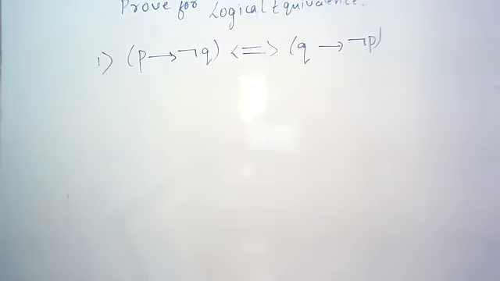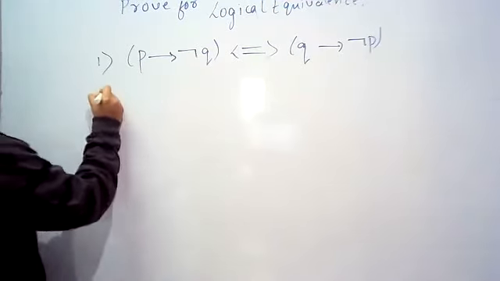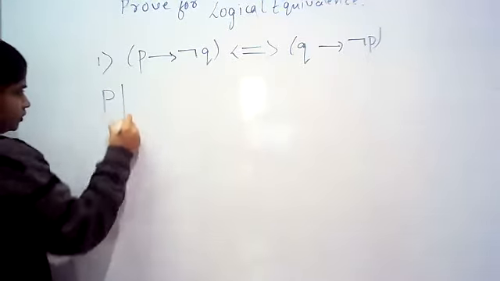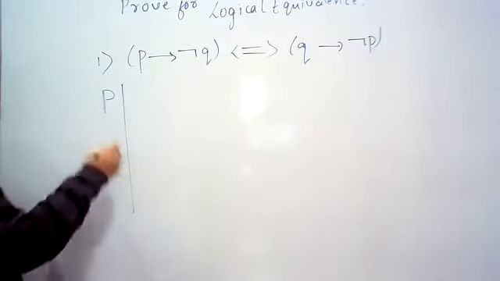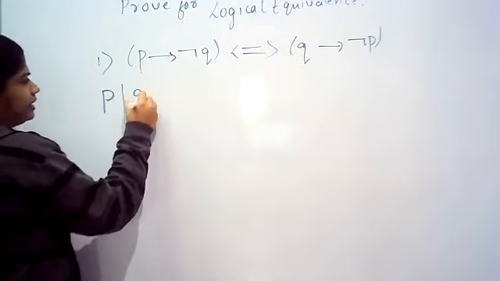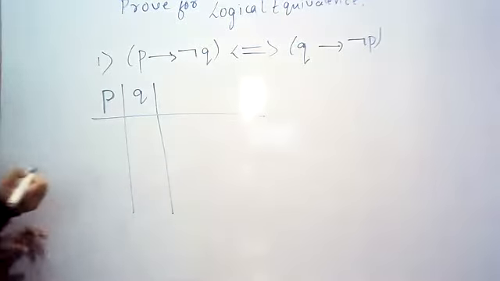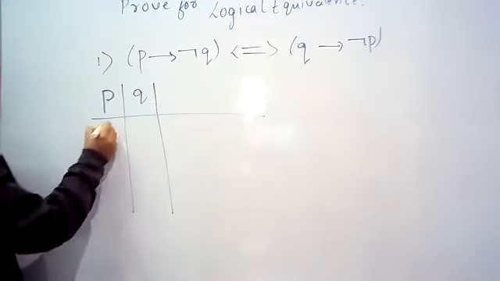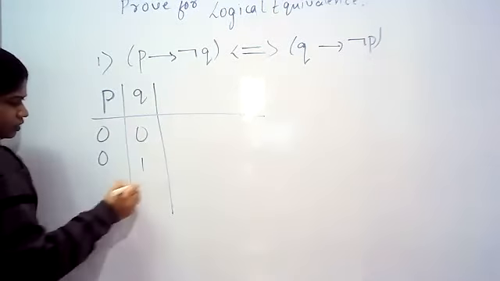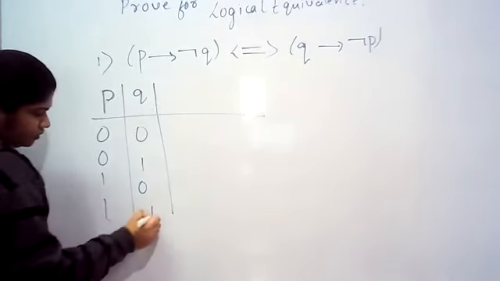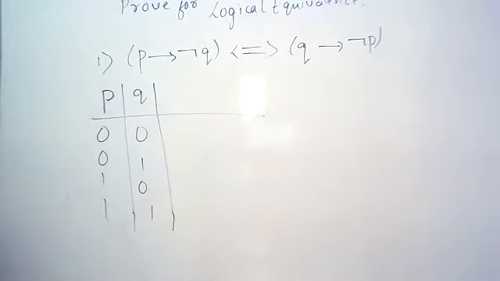We have two propositions, P and Q. How many combinations will we get? Obviously 4: 0 0, 0 1, 1 0 and 1 1. So in total we get 4 different combinations.